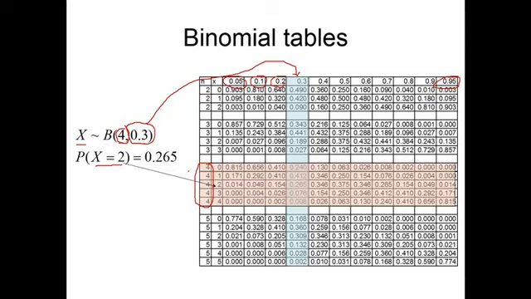Among the 4s, we pick out the particular one, little x equal to 2, and we follow that over, and this allows us to look up the value 0.265. This is exactly the same value we would have gotten if we had put all these numbers into the formula and cranked it all out.